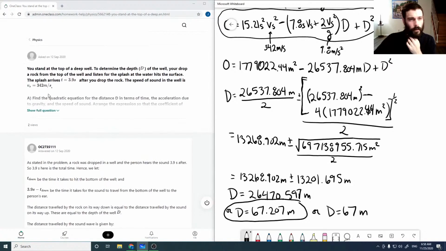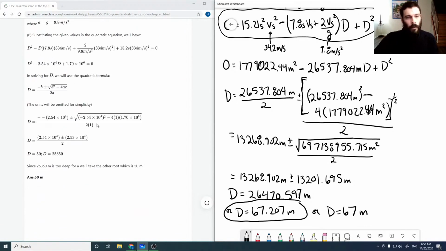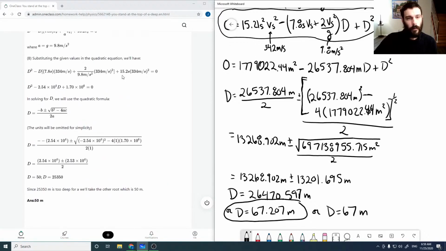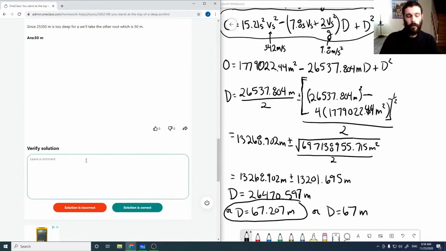The question says 342, so their solution is likely correct, but for the wrong speed of sound. So I'd say the method is correct. The speed of sound in the question is 342 meters per second, not 334 meters per second. But the math is correct, it's just the speed they use that is incorrect.